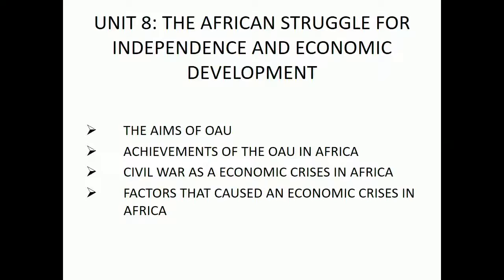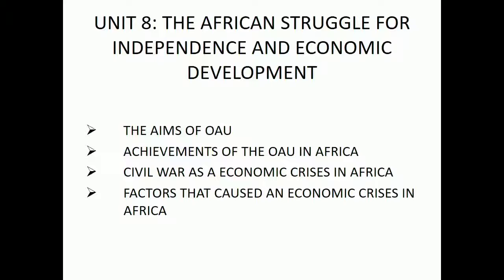So here, the first point is the aims of the OAU. Here we should know what the OAU is. Today, it is known as the AU. We know it was formed in Addis Ababa, in Ethiopia.